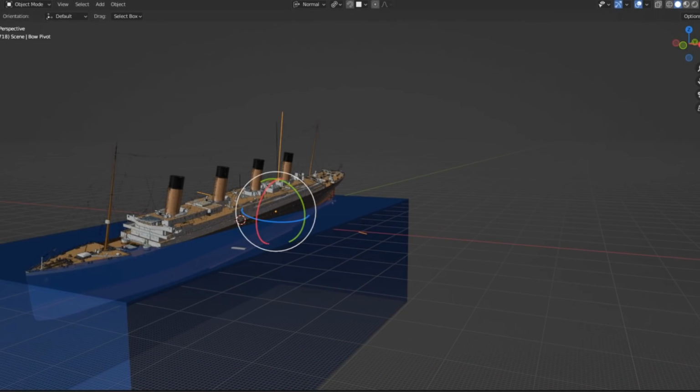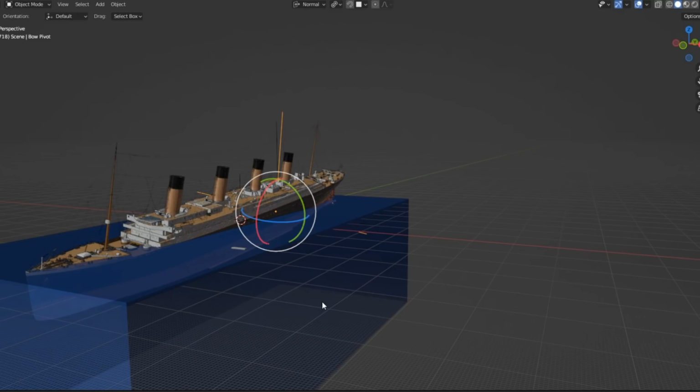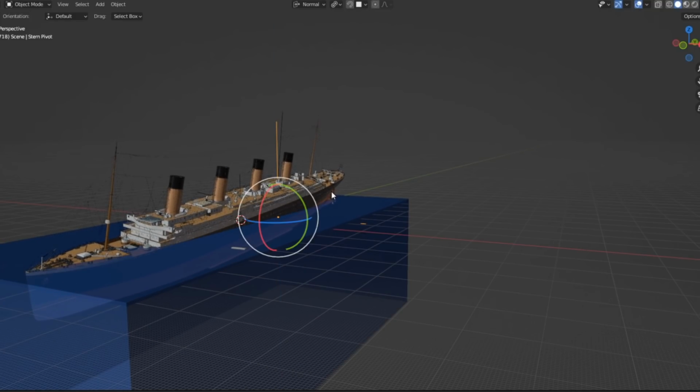All of these keyframes that we put in are going to be accurate, but then the movement between these two keyframes is going to be wrong.